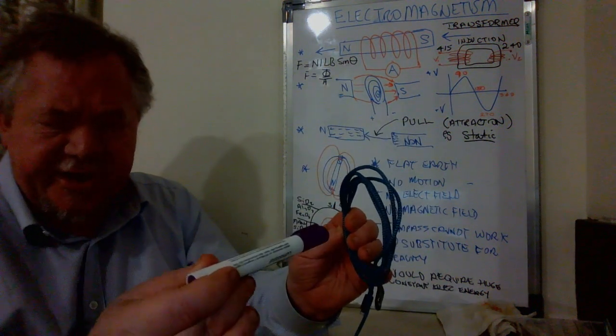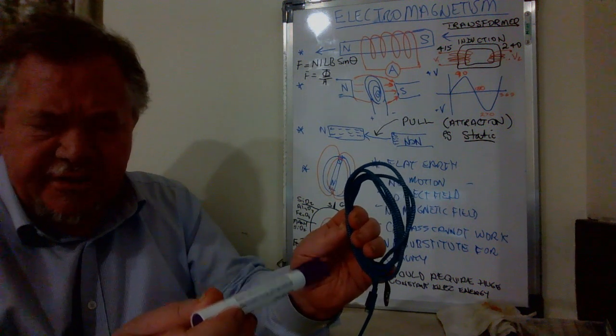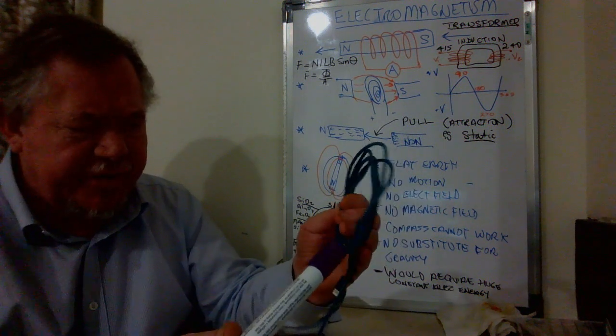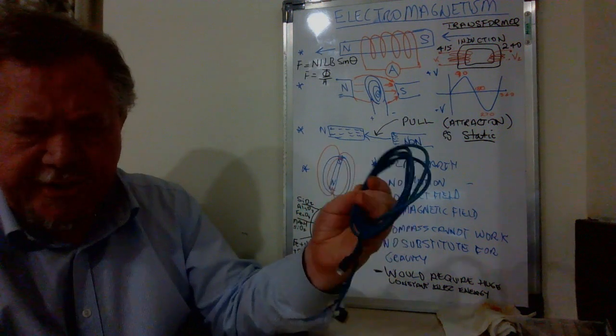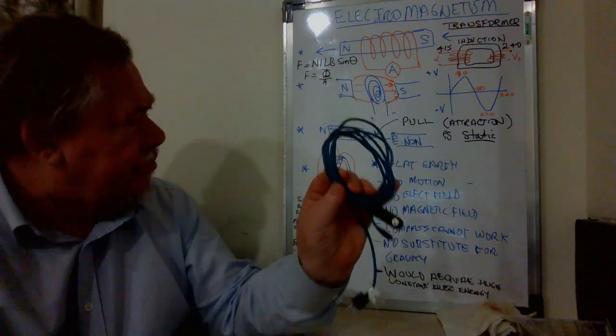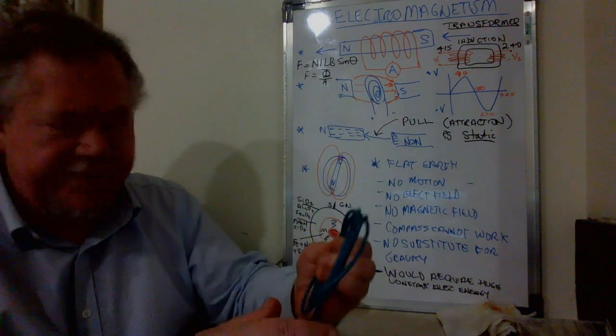So if it goes through at an angle, that angle determines the strength of that magnetic field.